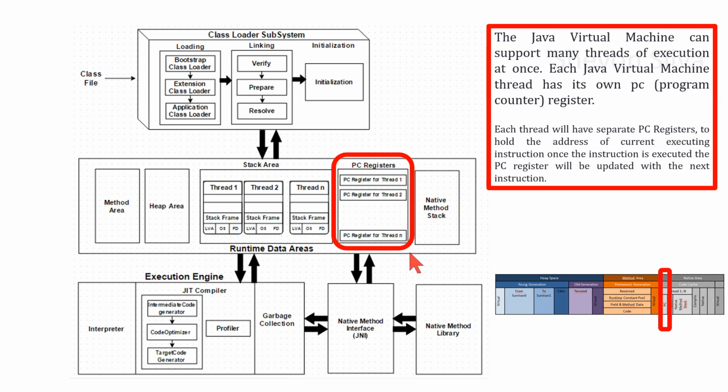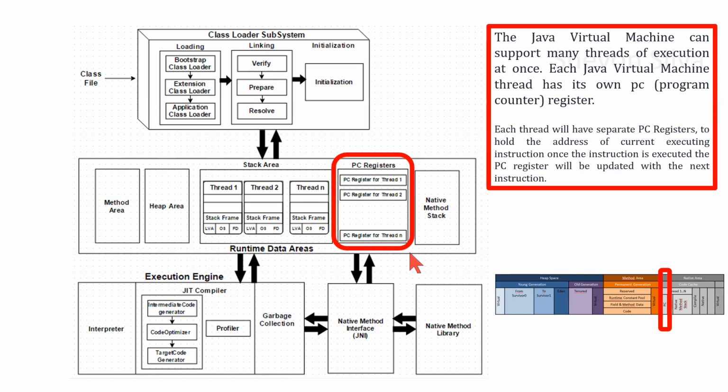Now we are discussing PC registers. The Java virtual machine can support many threads of execution at once. Each Java virtual machine thread has its own program counter (PC) register. Each thread will have separate PC registers to hold the address of the current execution instruction.